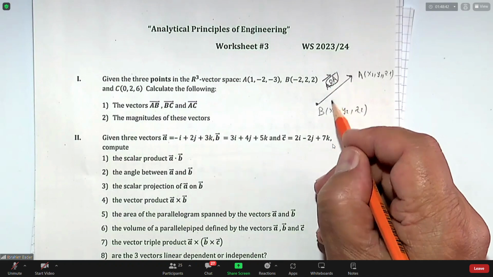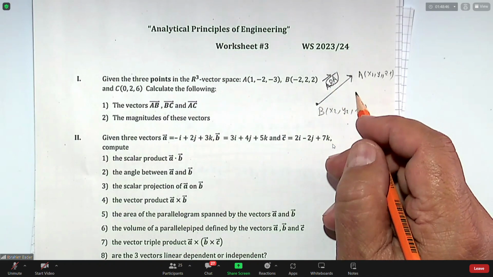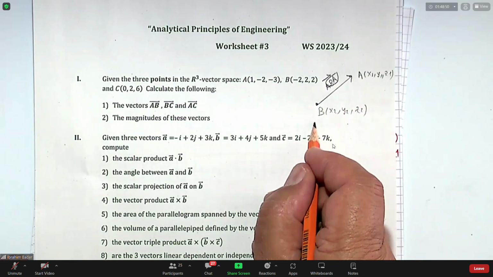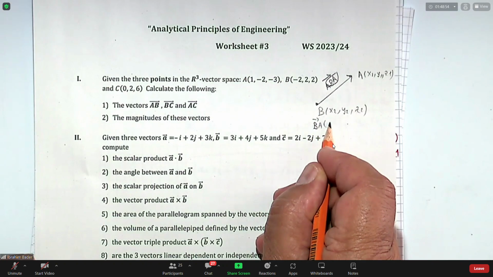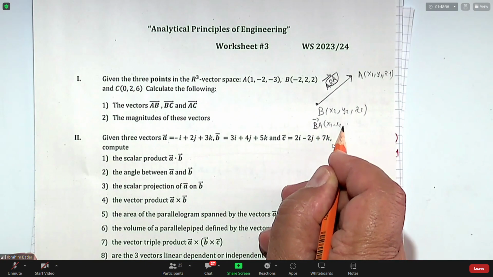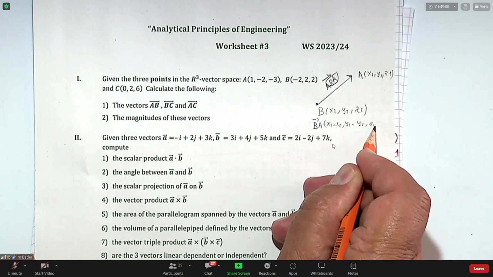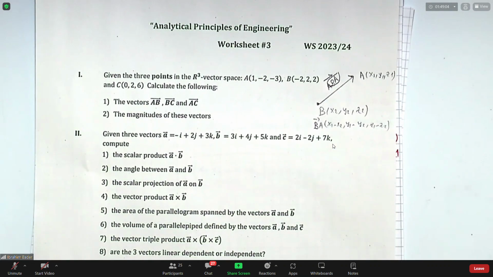The vector connecting P as a tail and A as a head, I evaluate this vector BA as X1 minus X2, Y1 minus Y2, Z1 minus Z2. So here you are not given a vector, you are given coordinates, and you need to find out the vector.